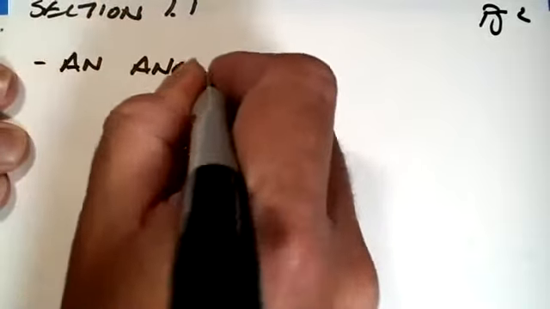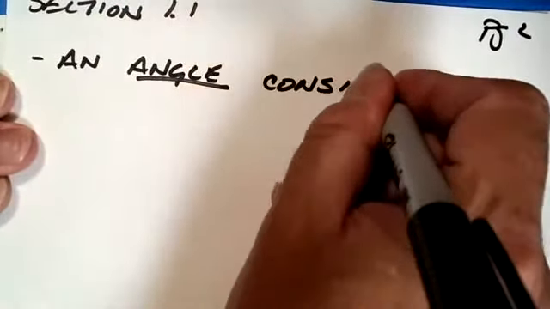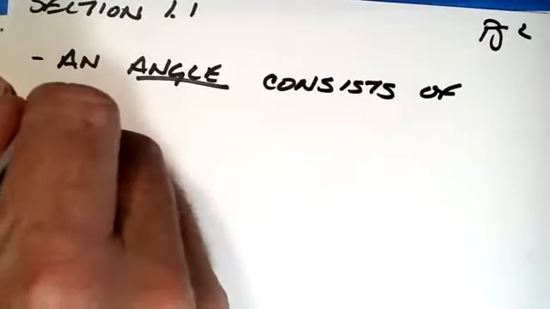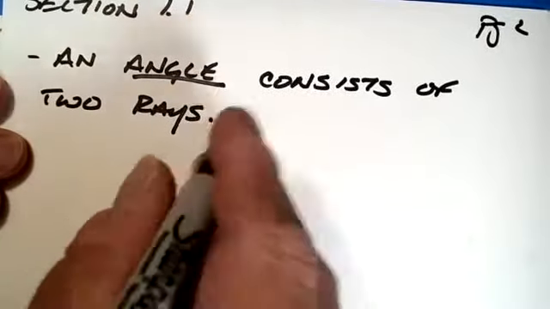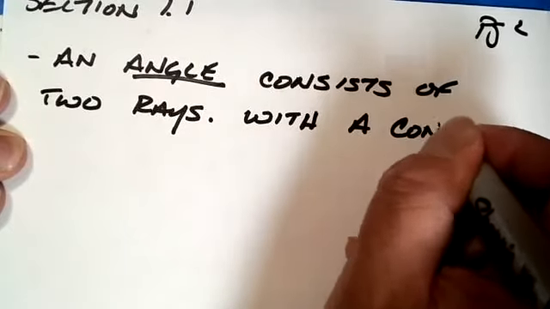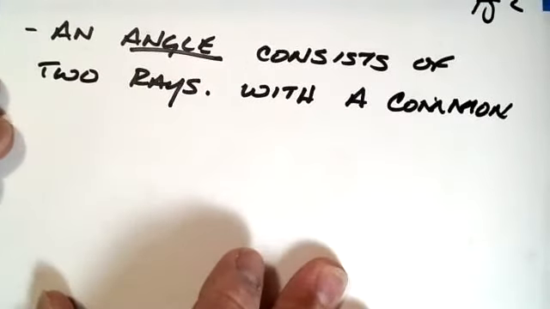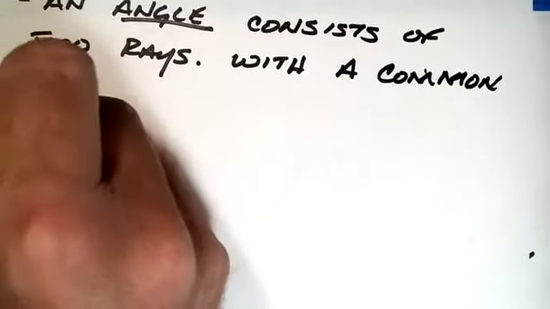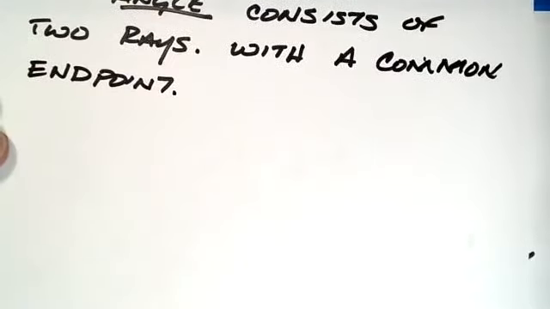Okay, so how about an angle? So an angle consists of two rays with a common endpoint, or if you prefer, a common starting point, whatever. I think you know exactly what I'm talking about here.